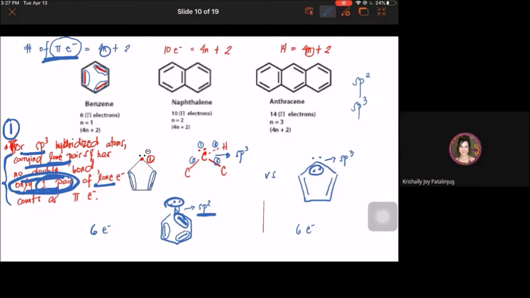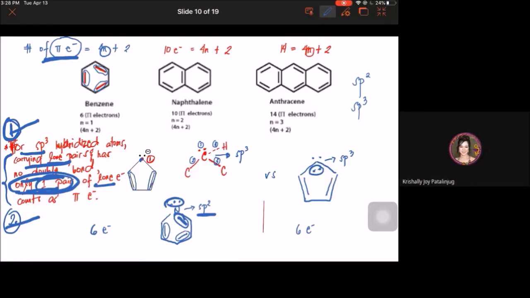So, let me repeat. When you look at a ring and you see lone pairs, automatically apply statement number 1 and the number 2 statement I stated earlier. Again, if you see a ring with a lone pair of electrons, check if that atom is an sp3 hybridized atom carrying a lone pair with no double bond.